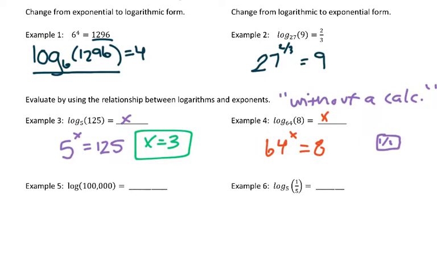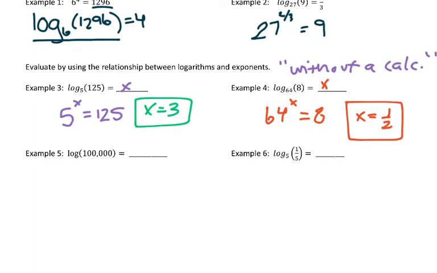So it turns out that if you bring it to the half power, it does actually make 8. So 64 to the half power means that an x of a half would work, which of course, if you did it on your calculator, would have resulted as 0.5, but that's the same thing.